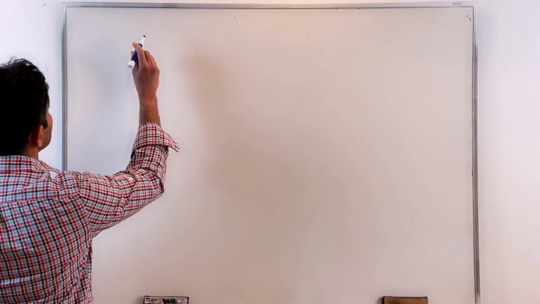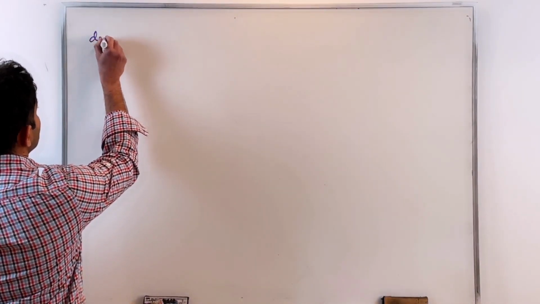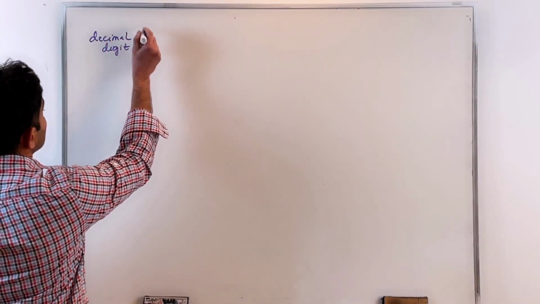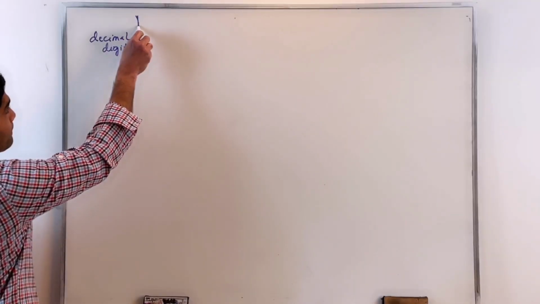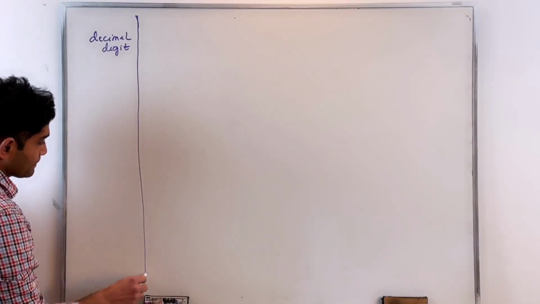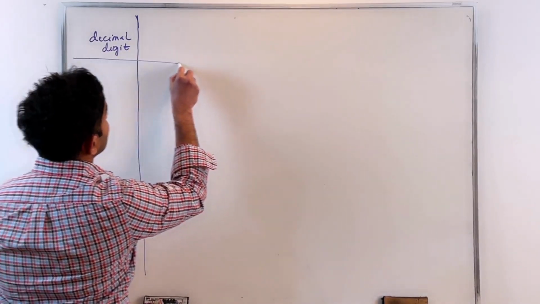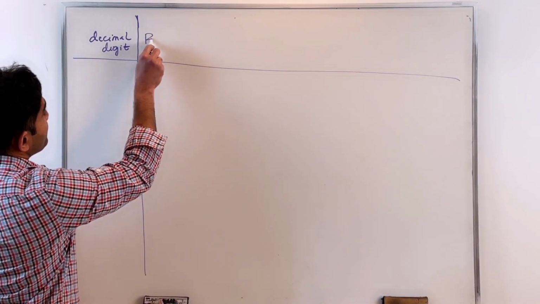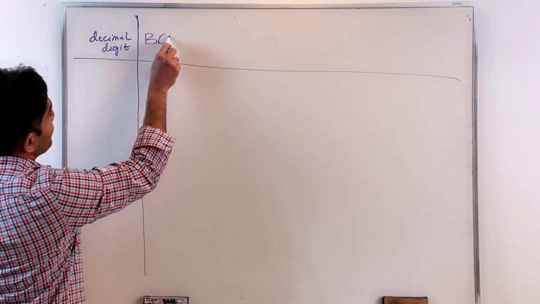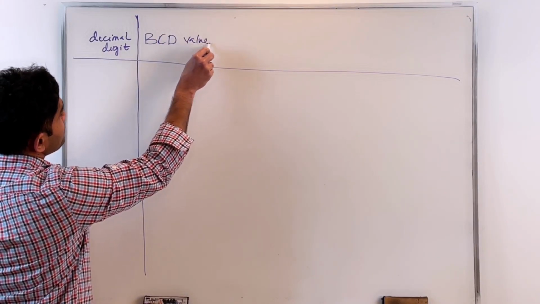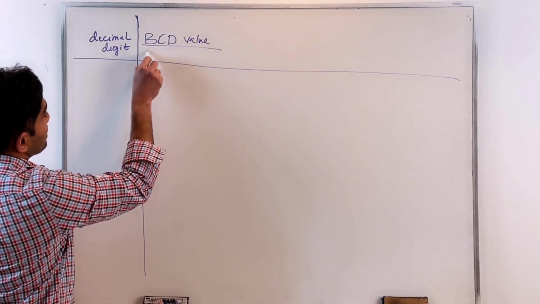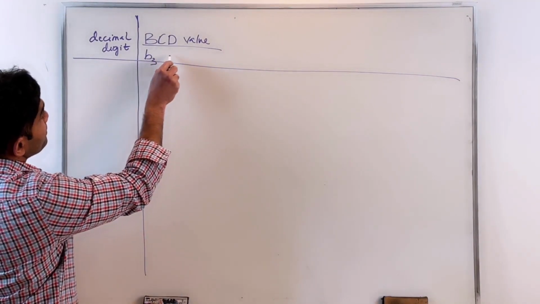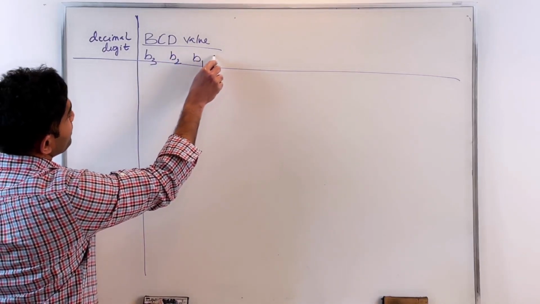All right. So now I have the decimal digit I'm trying to display, and the binary coded decimal value applied to my input, expressed in four binary bits, B3, B2, B1, and B0.